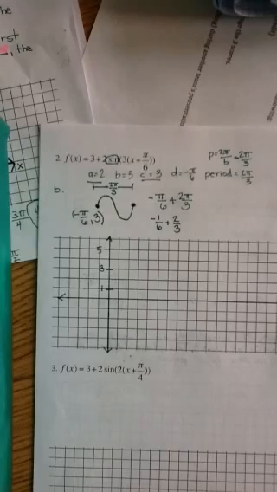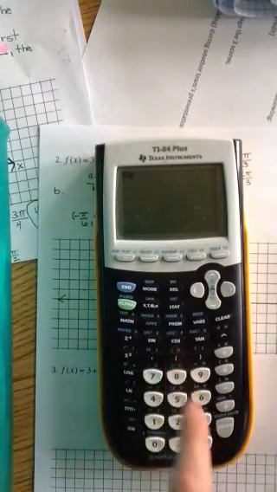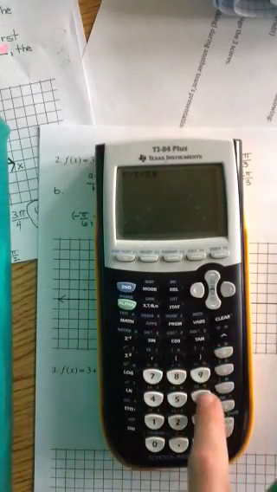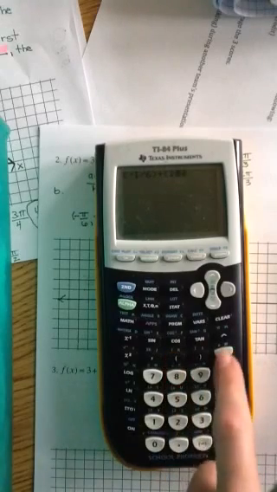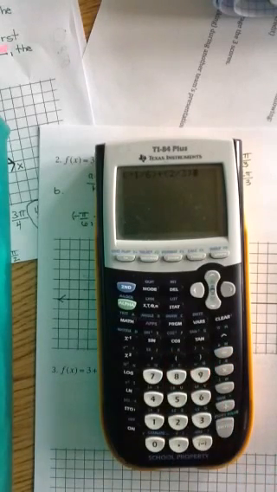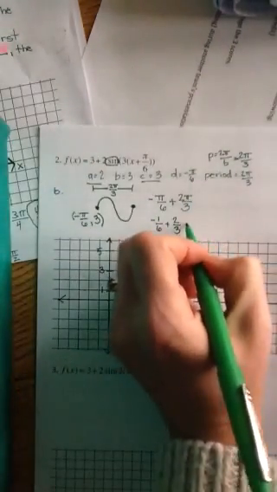I'm going to do that in my calculator. So negative 1 divided by 6, and then we're going to go to the right, 2 divided by 3. Notice that they're in parentheses. So that's 0.5, but I like to use fractions, so that's going to give me 1/2.